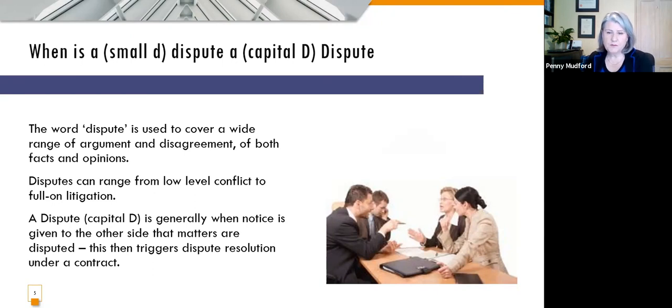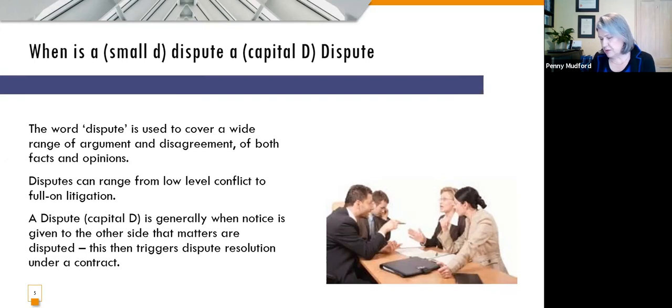But it's often confused where people talk about being in a dispute, and I'm going to put to you that it helps to understand the difference of being in a dispute with a small d as opposed to one being a capital D, which is a more formal dispute. Because if we're looking at de-risking disputes, we don't want to escalate them before we need to escalate them.